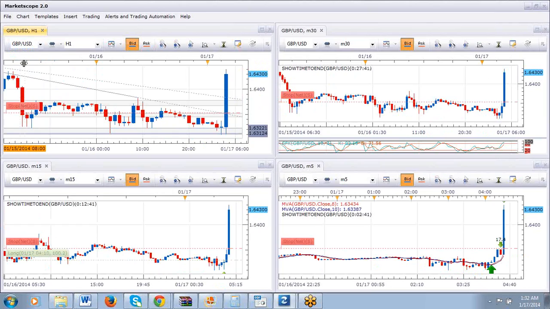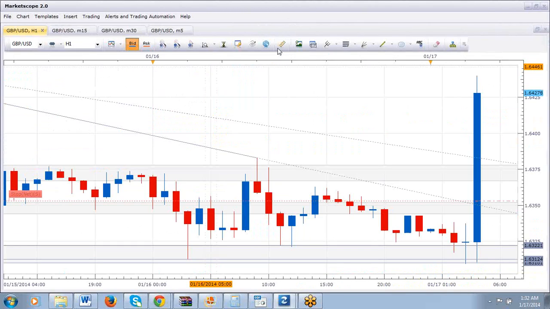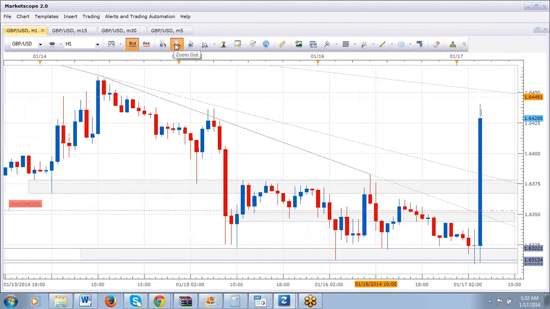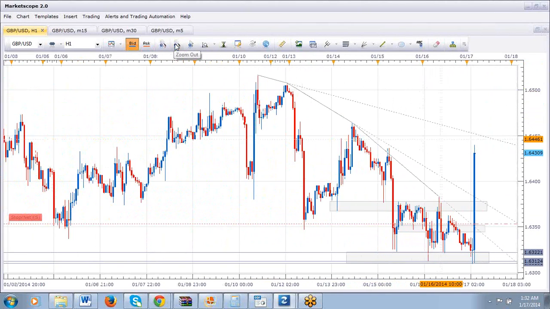164.48. Okay, let me make that here. So notice how it broke through from the primary, secondary, tertiary downtrend.